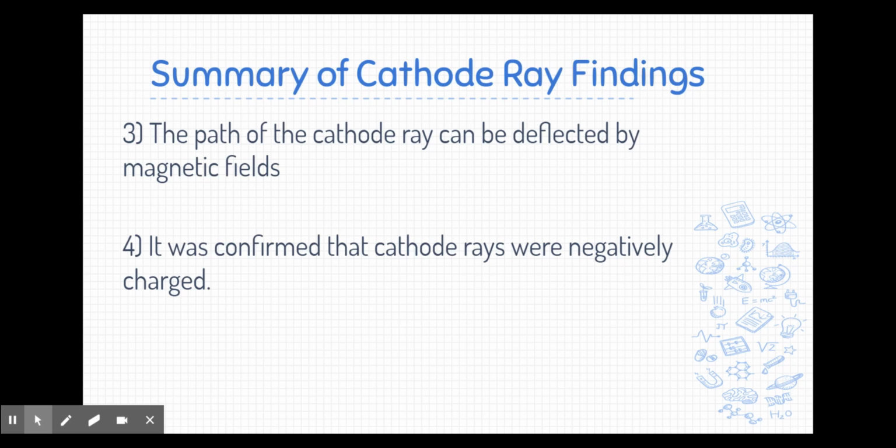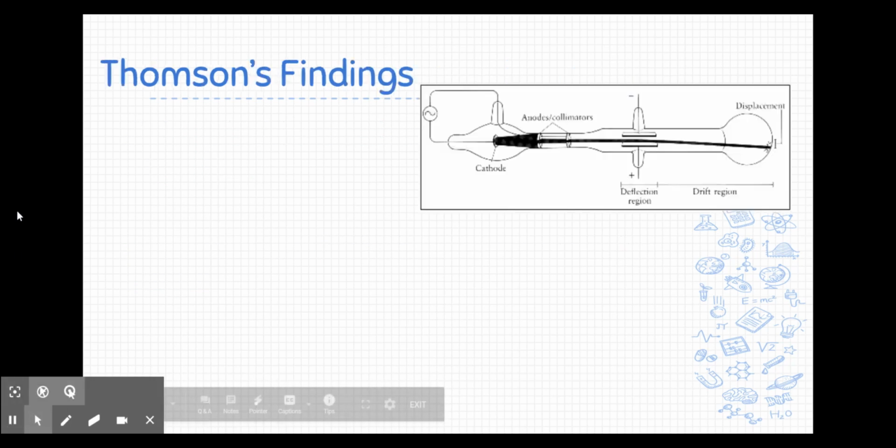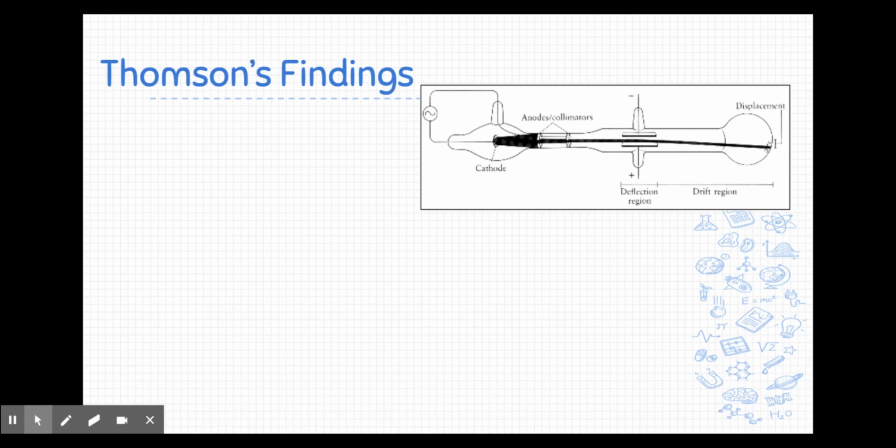So these are the 4 findings that Thomson used to develop his model of the atom. Let's now get into Thomson's work. Just remember that as Thomson's doing his work and coming to his conclusions, he knew about this other information that was out there about cathode rays. Okay, so that was known to him at this time.